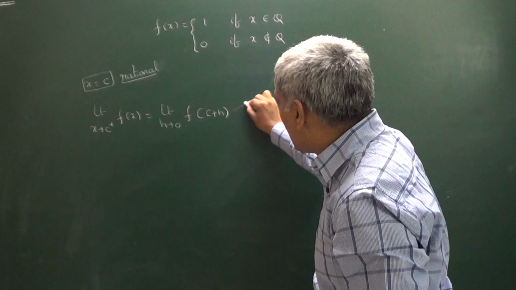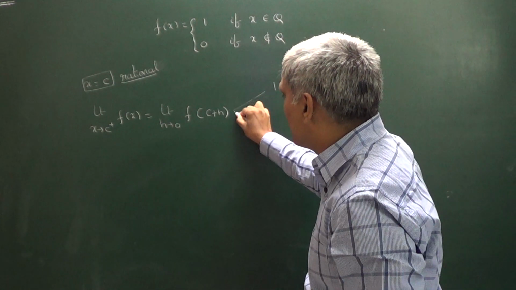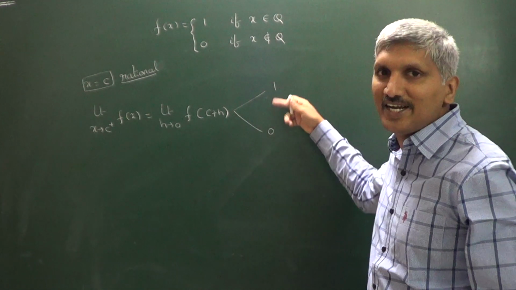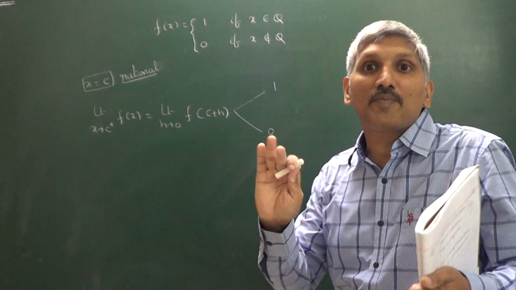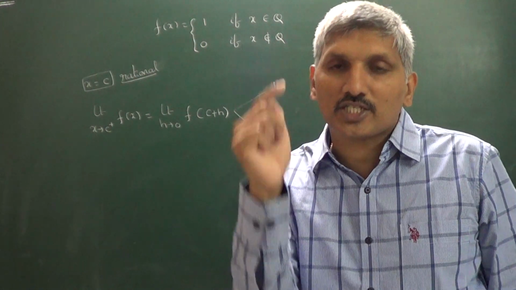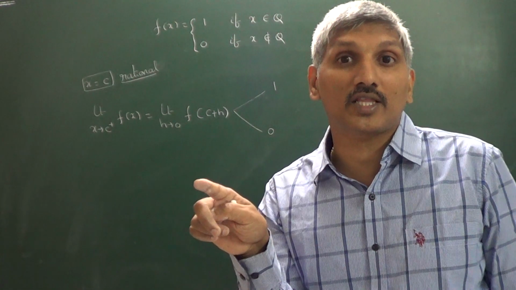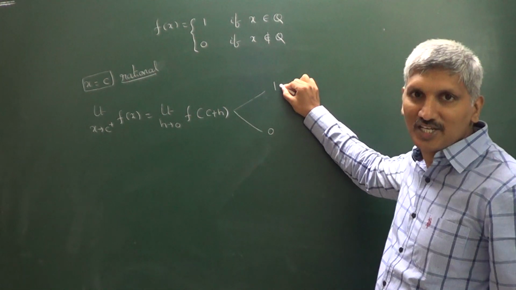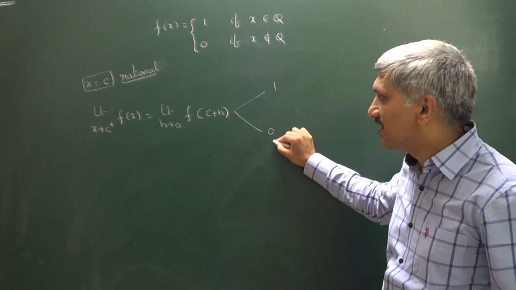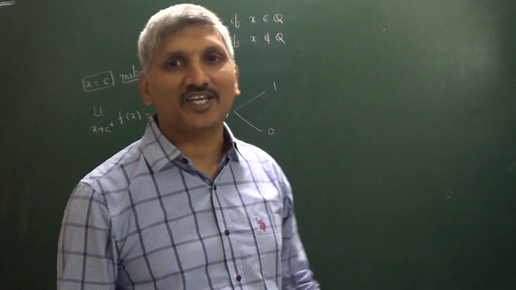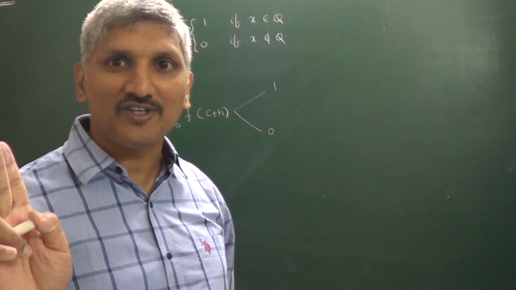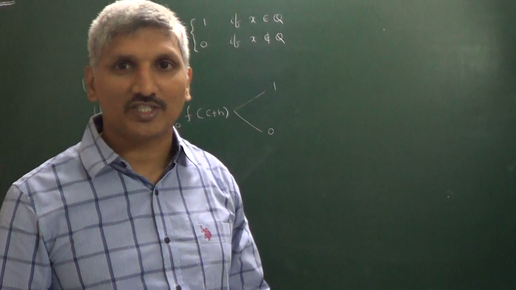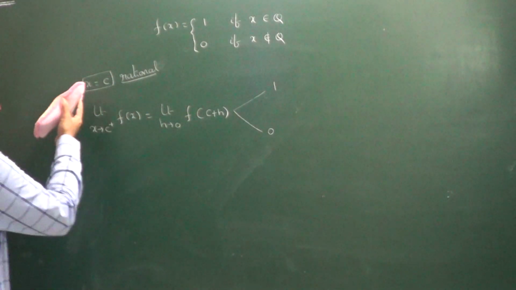That's why for this value, if rational you will get 1, if irrational you will get 0. So the right hand limit is oscillating between 1 and 0, because c plus a positive number may be irrational or rational. That's why the right hand limit does not exist, and so the function is not continuous. Similarly, the left hand limit also does not exist, so the function is discontinuous at rational points.